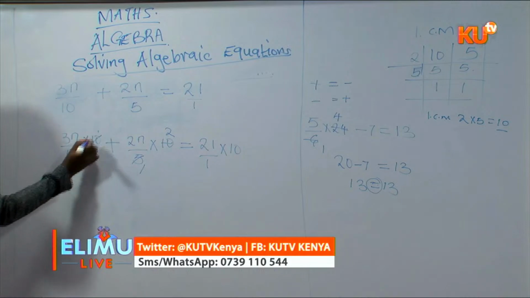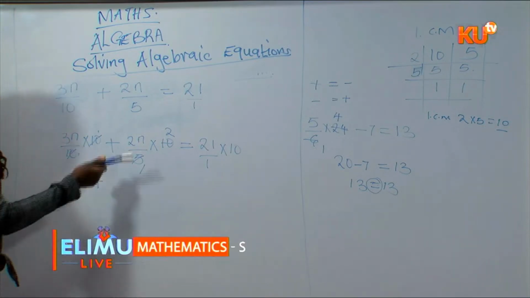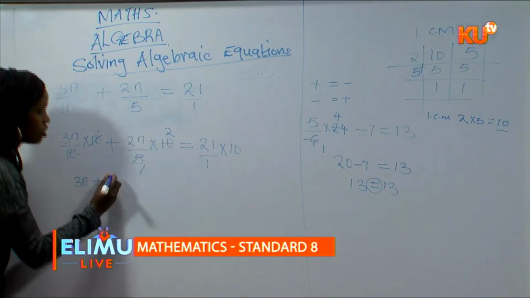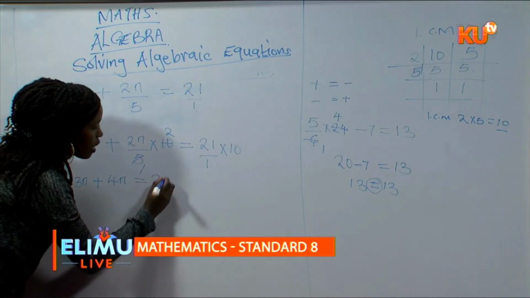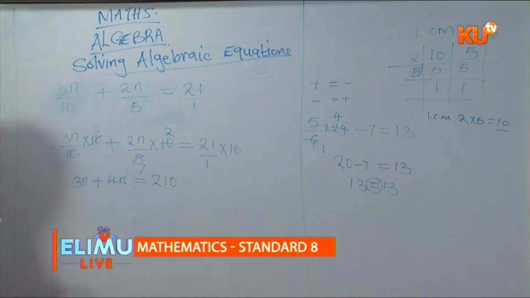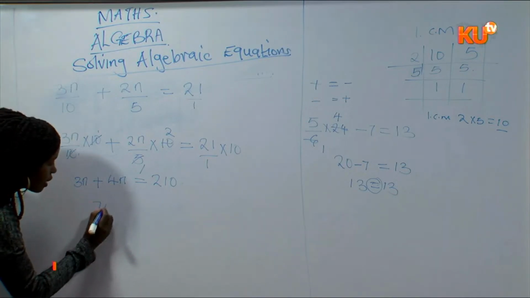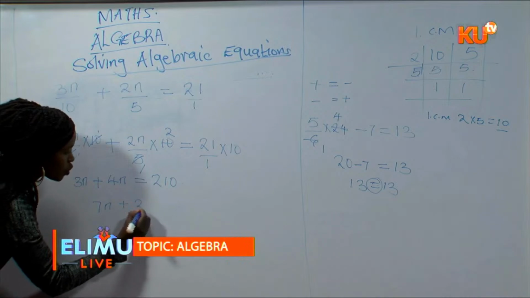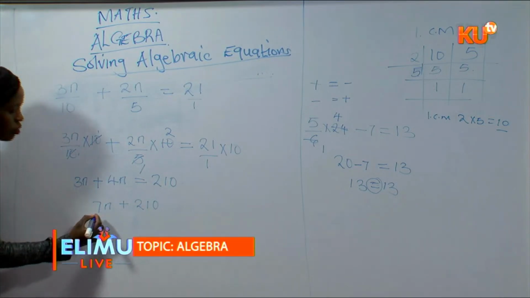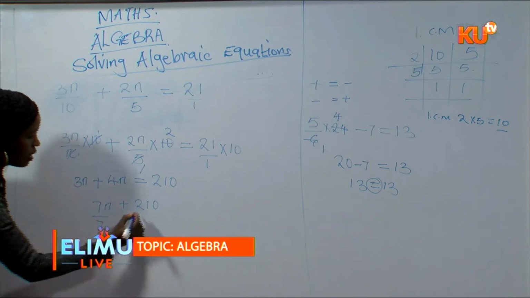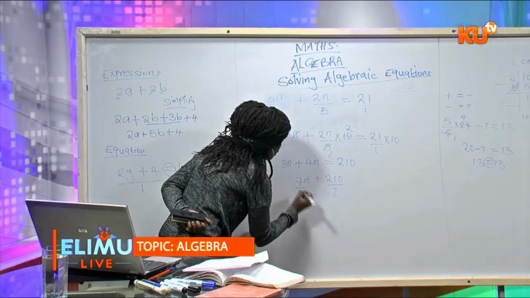So 3n times 1, we get 3n, plus 2n times 2, we get 4n, is equal to 210. So we add 3n plus 4n, we get 7n is equal to 210. I want to remain with n, so I divide by 7, the other side by 7. So 7 divided by 7 is 1.